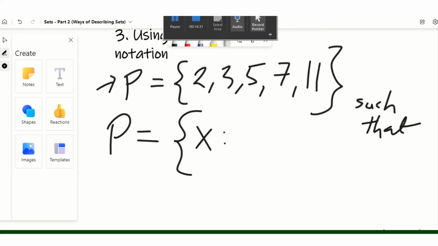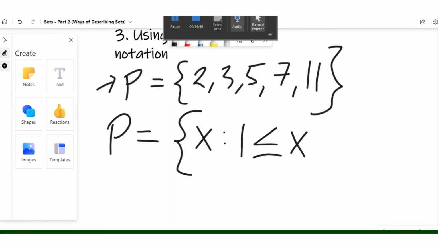So x is such that, then we write our notation, 1 less than or equal to x, less than or equal to 12, and we close our set.